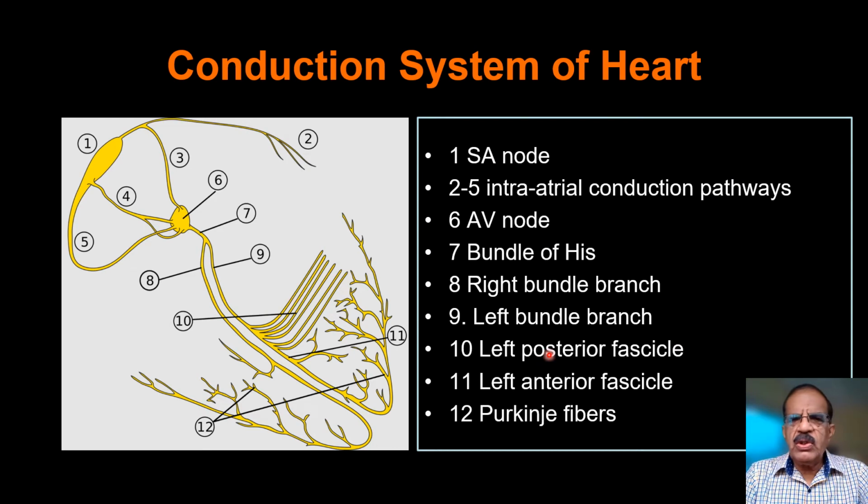Now, this is the picture, and you can imagine that out of heart, just the conduction system has been isolated, and the rest of the heart, like myocardium, the coronaries, the valves, and everything else is removed, just to make the picture clear. Now, first of all, this is the conduction system. These are not nerves. These are specialized myocytes.